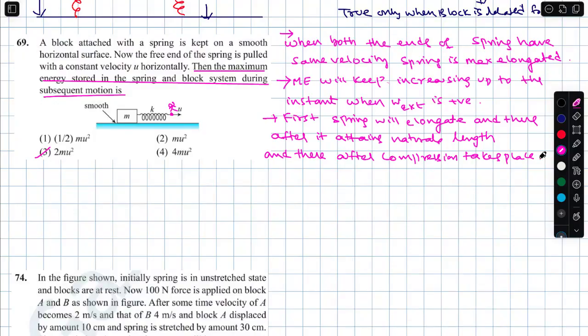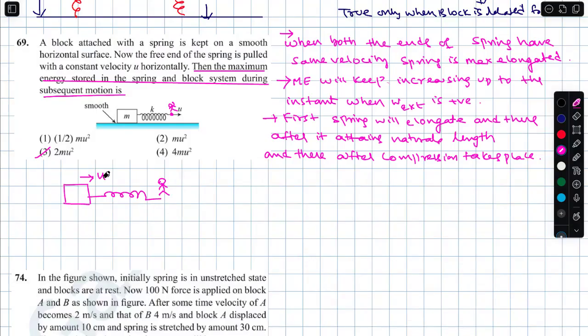So the maximum energy is when the spring, in this point of view, with respect to him, what is the velocity?